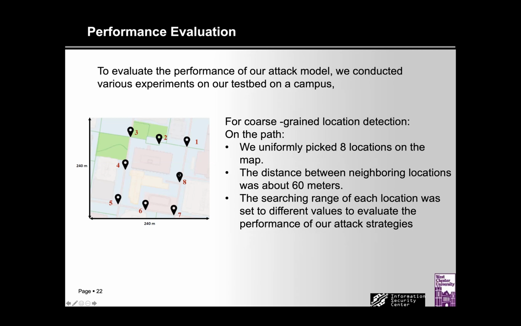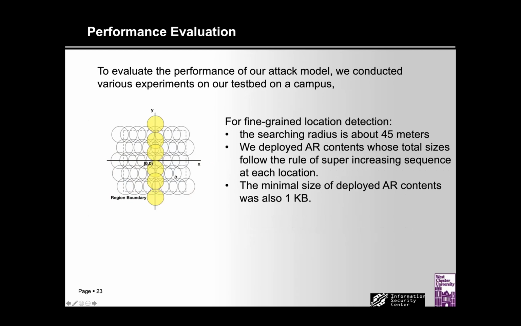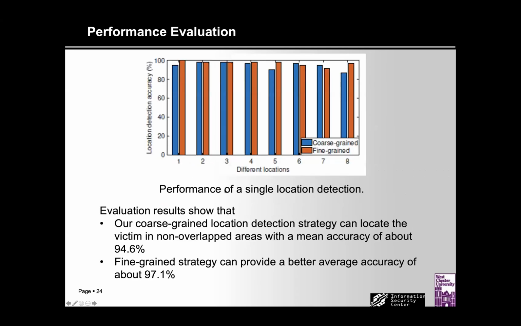And the searching range of each location was set to different values to evaluate the performance of our tag strategies. And then for the fine-grained location detection, we set a searching radius of about 45 meters. We developed the AR content whose total size follows the rule of a super increasing sequence at each location. And the minimum size of the deployed AR content was also 1 kilobyte.